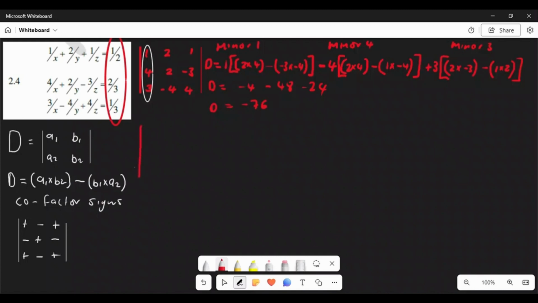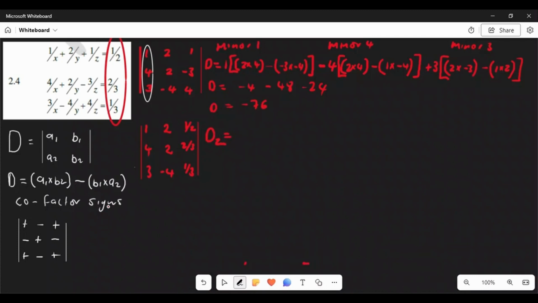The first column we write as it is, and the second column we also write as it is. But now the third column for z is gonna be 1/2, 2/3, and 1/3. So we are looking for dz.